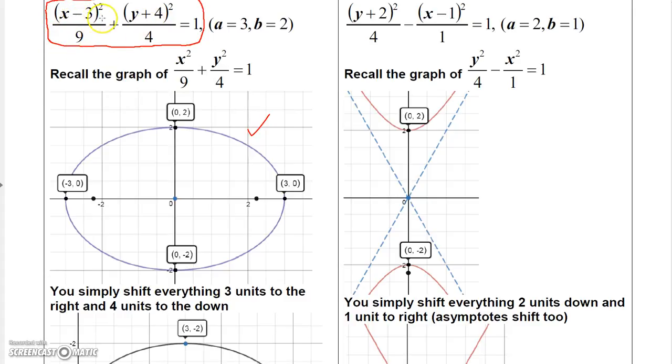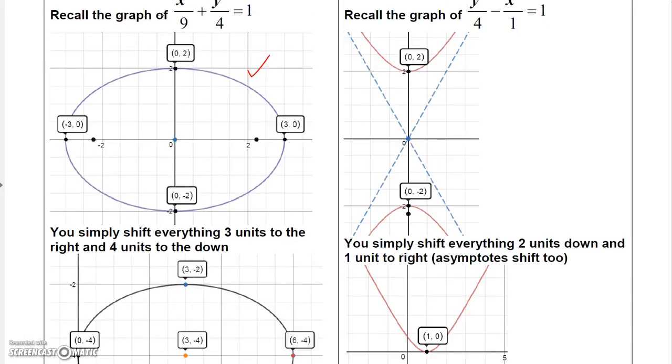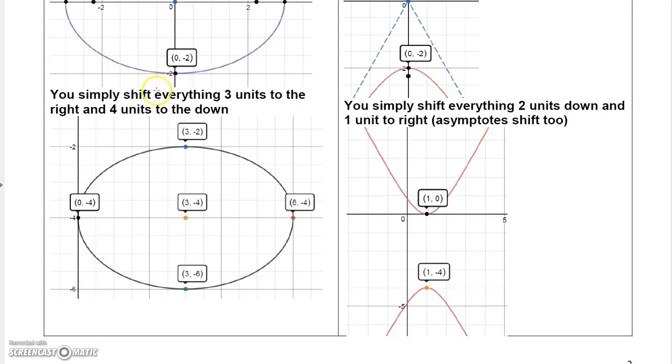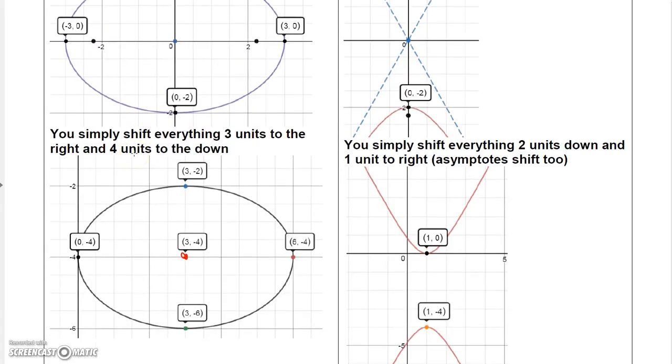So from x minus 3 we'd shift it to the right, and y plus 4 we would shift it down 4 units. And so the center would be at (3, negative 4), and then all of these values would get shifted 3 to the right and 4 down.